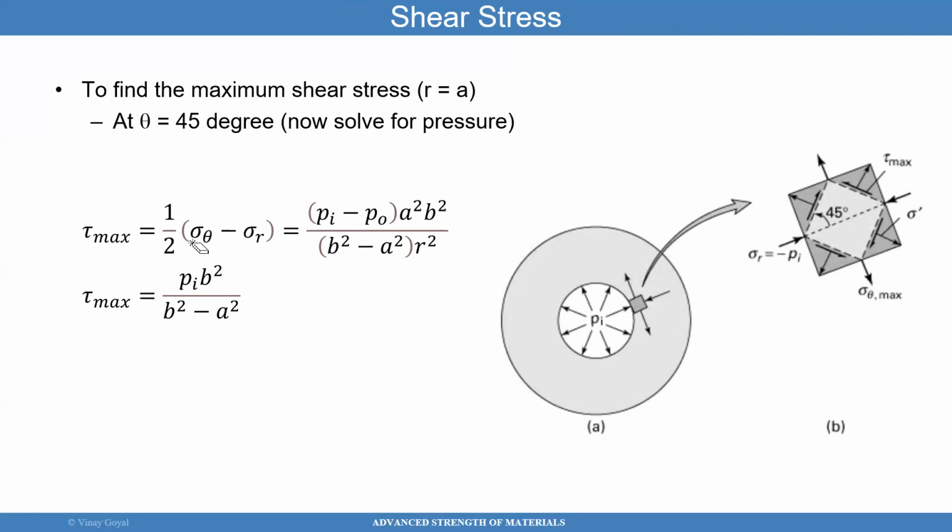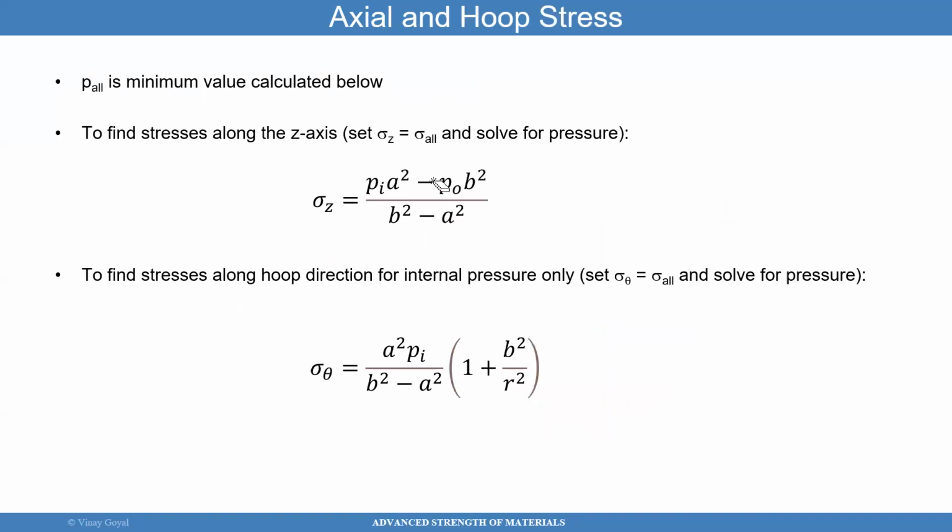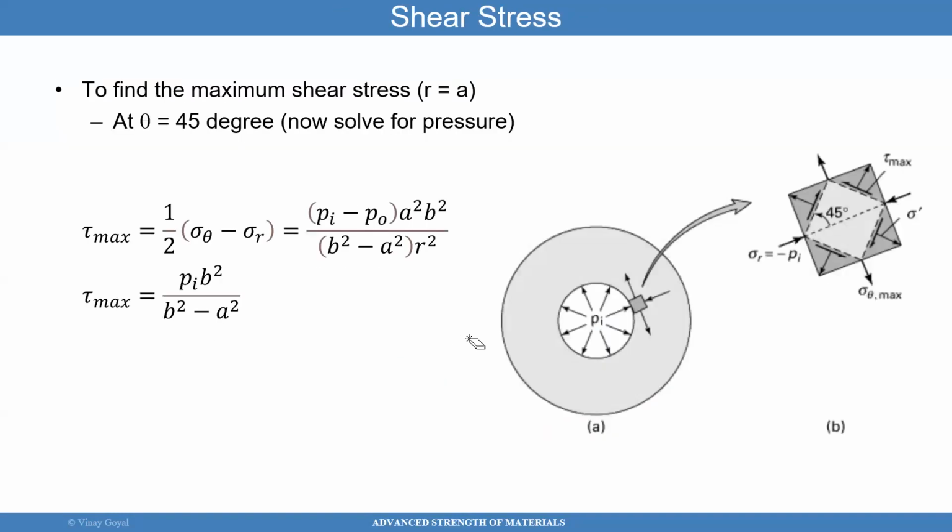Or you can get the shear stresses on your own very quickly. In this case, we found this is the formula for shear stress. And you want to solve for PI given the allowable of 80 that's provided here. And so you calculate the internal pressure for each of these equations.